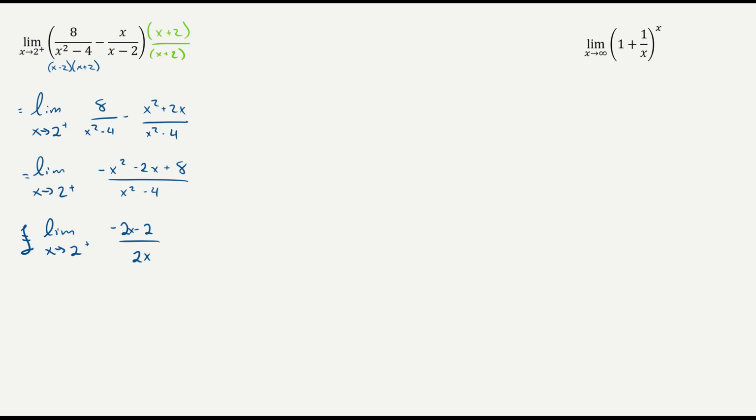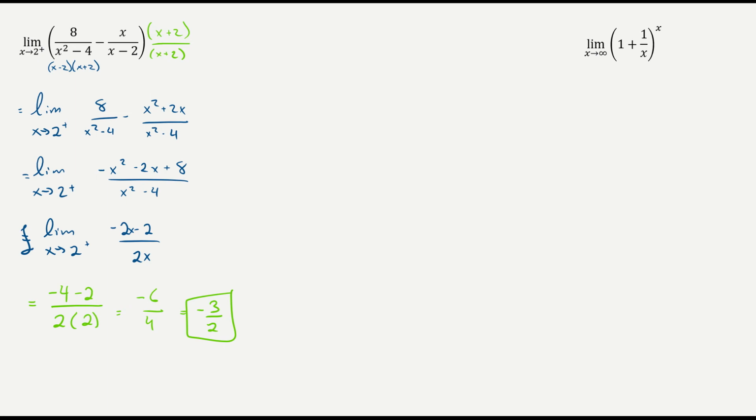Alright, now if I do direct substitution, and I always love doing L'Hopital's rule on polynomials, it makes it really easy. Okay, now we do direct substitution. If I plug in 2, I get negative 4 minus 2 over 2 times 2, which is giving me negative 6 over 4, which, negative 3 halves, turns out to be the result here.